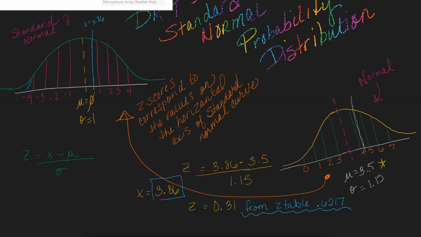And what we know now is that there's a pretty good probability that we could randomly take a look at our data and find an x value of 3.86 or less in the data that we're looking at. 3.86, well, it's definitely falling within the largest part of the curve.